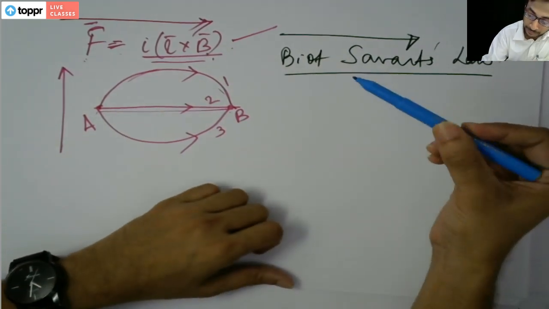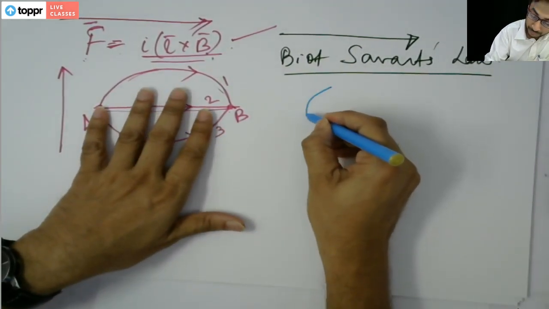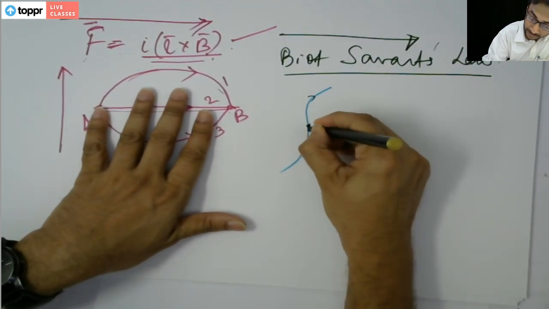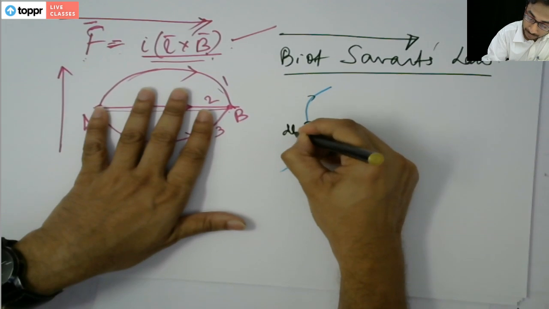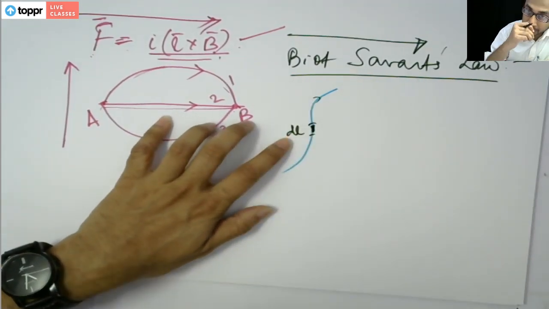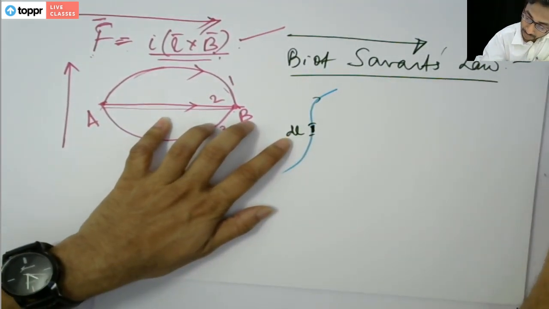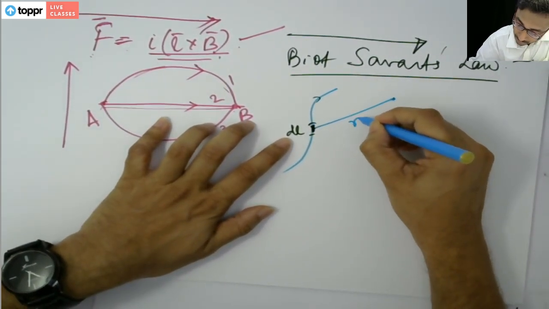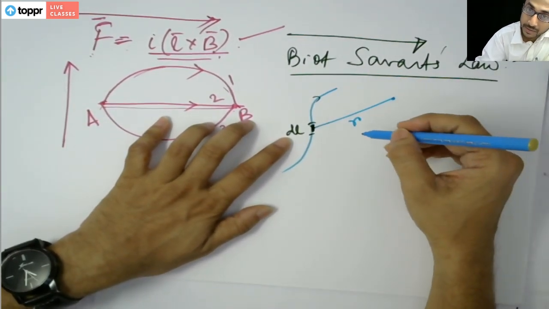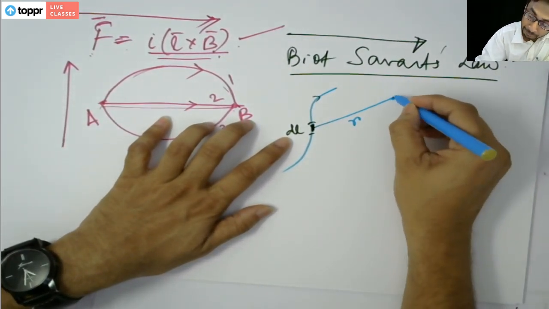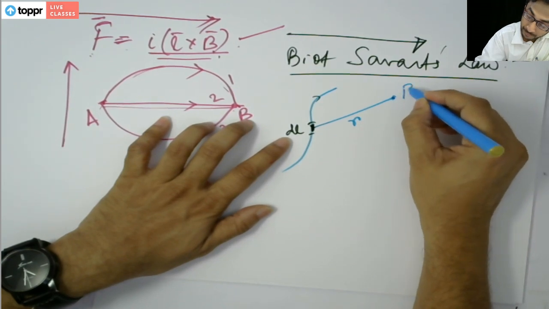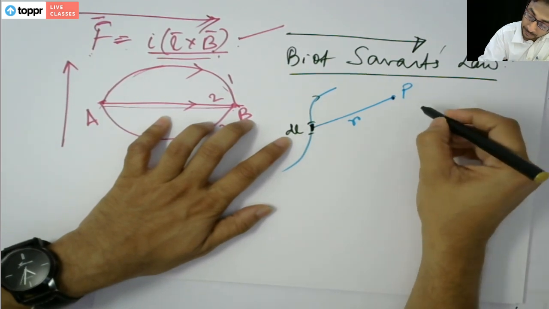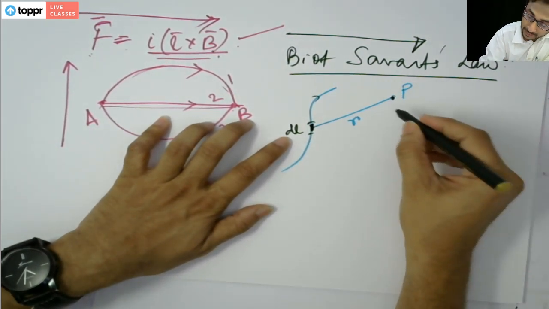If you remember, suppose we take any conductor, right? Small dl is the length of the conductor, at a particular point which is at a distance of r, and we are finding the magnetic field, right?